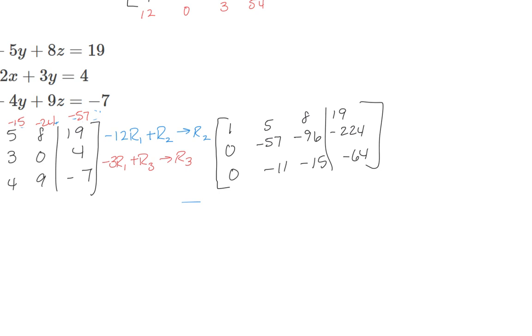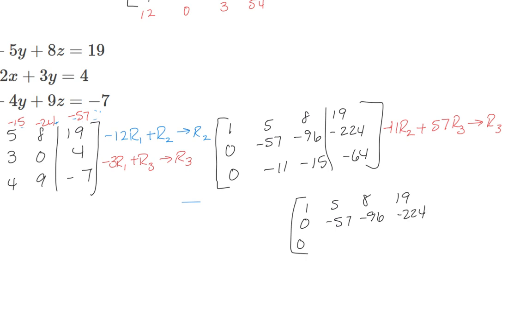So now what I'm going to do is take -11 row 2 plus 57 row 3, put the answer back into row 3. And the reason I have to do one negative and one positive is because they both have the same sign right now. So again, I'm going to rewrite this as 1, 5, 8, and 19, 0, -57, -96, and -224.